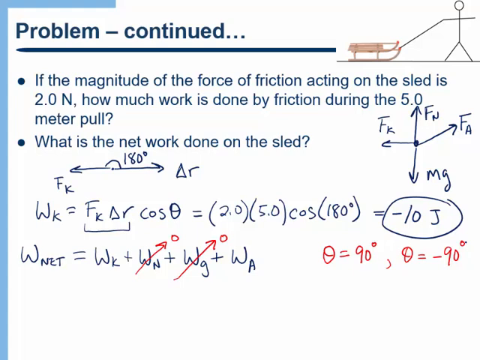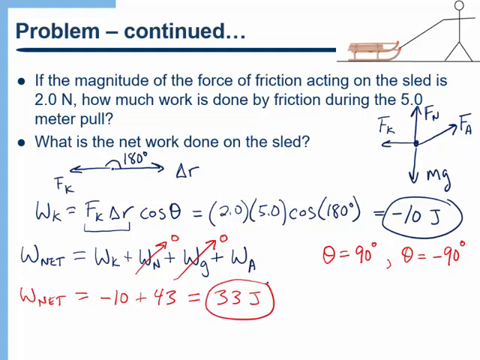Therefore, the net work in this case is only the work done by friction, which we said is negative 10 joules, and the work done by our applied force, which we figured out previously to be 43 joules. And therefore, the net work was equal to 33 joules.